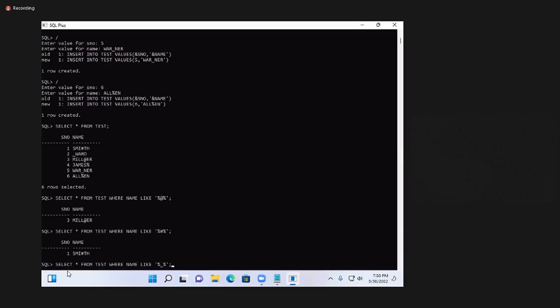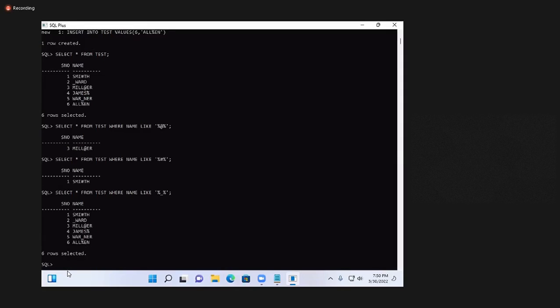I wanted names that have an underscore, and I wrote it like this, the same way I wrote the previous symbols, the @ symbol and the # symbol. So what happened?